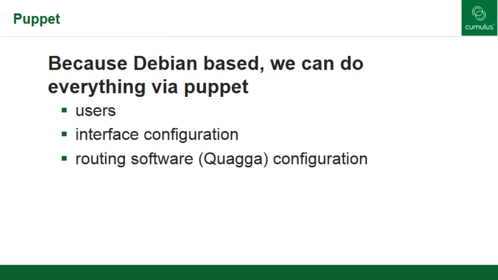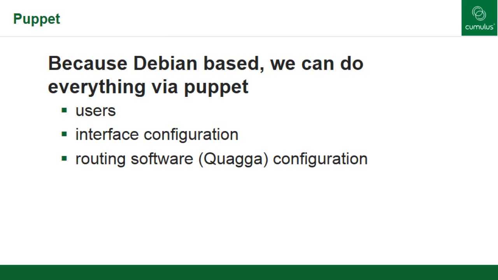Because this is a Debian-based system, we can do all of our configuration via Puppet: all the configuration you normally have to do in the switch, users, interface configuration, and routing software configuration. In my examples, I'll use Quagga, but if you so desire, you can use BIRD or ExaBGP or anything like that.